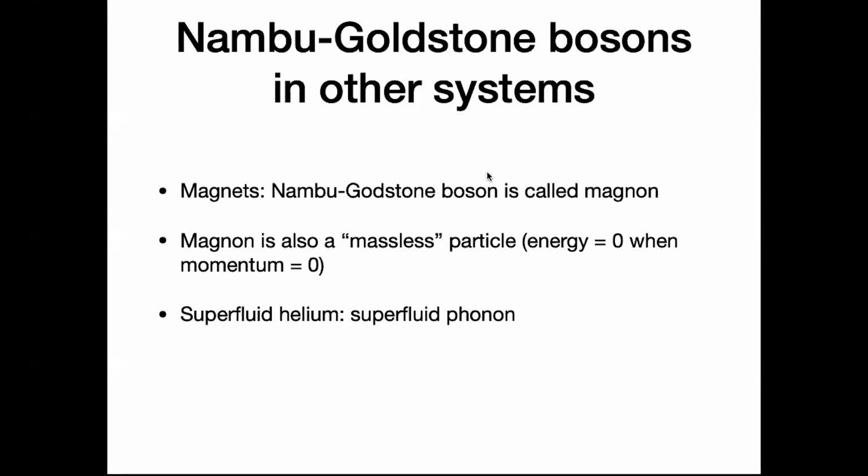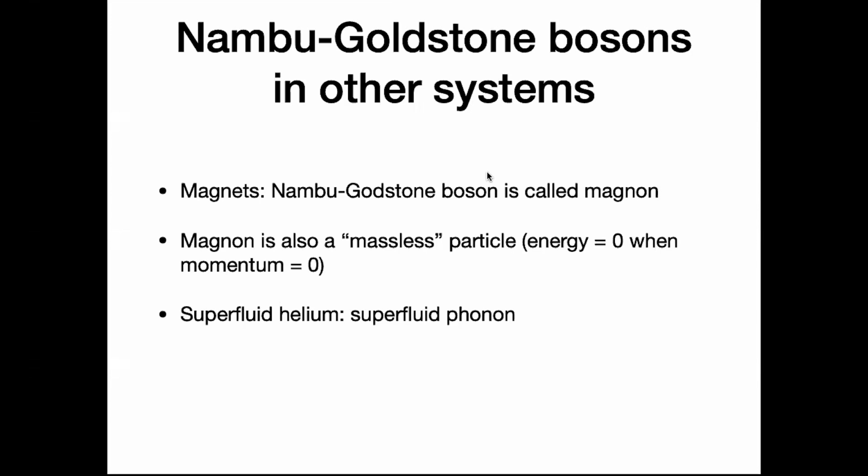That is, a magnon has energy going to zero when its momentum goes to zero. How the energy of the magnon goes to zero as a function of momentum depends on whether we are dealing with so-called ferromagnets or anti-ferromagnets. But the Goldstone theorem tells us that there is always a massless particle.